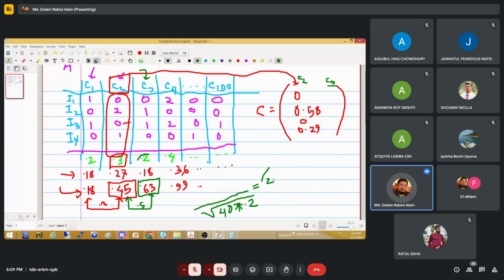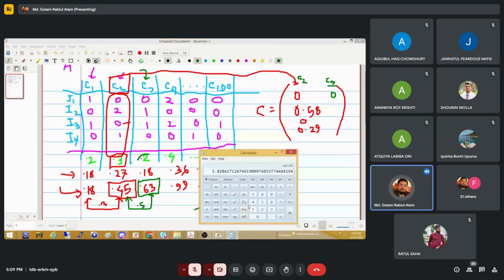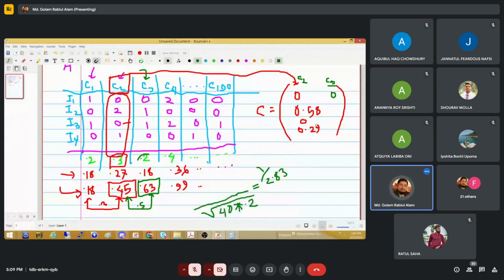Then we have to divide. The first one is 0, so 0 is 0, and we get 0 here. The second one is 1 by 2.83, which is 0.35.